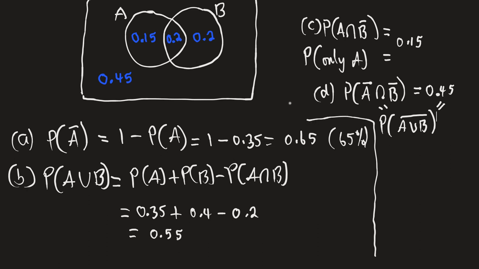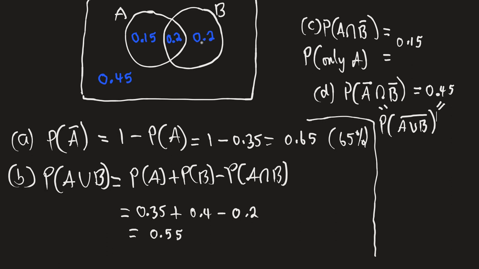We haven't done all the possible combinations, but all the other ones are very similar. Like the probability of B complement will be 1 minus the probability of B. If I did the probability of A complement intersect B, that would be only B, and that would be 0.2.